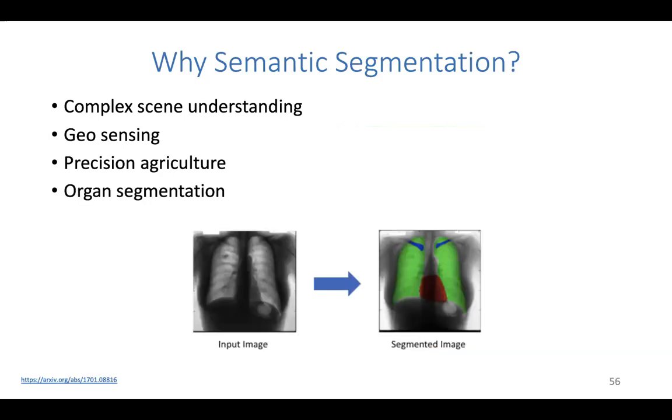And this is what we're going to look at today: organ segmentation. Given an input image, you want to classify the pixels into different organs. So here, this is the right lung, this is the left lung, this is your heart, this is your collarbone, and that kind of stuff basically.